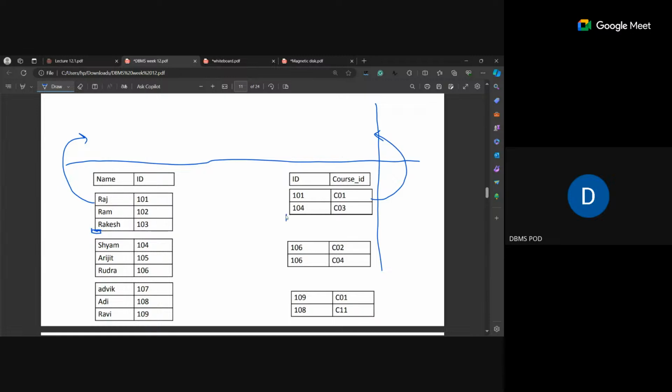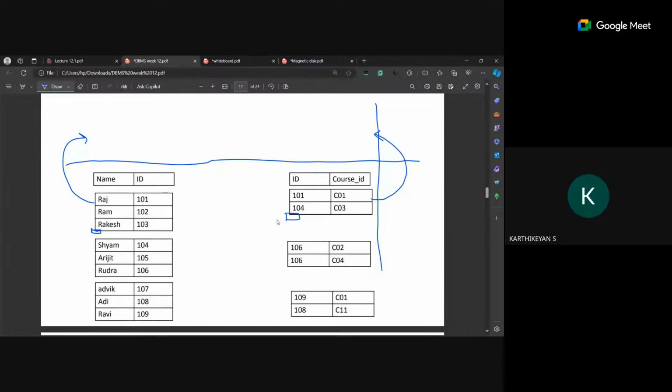Now, when it moves, it will not require any seek, because you just have to rotate the disk, provided all the blocks are stored in continuous memory.